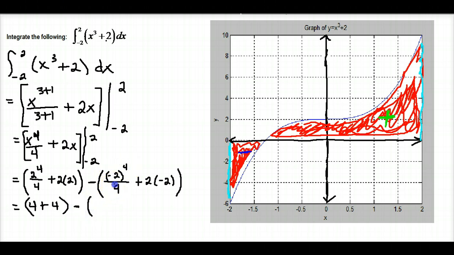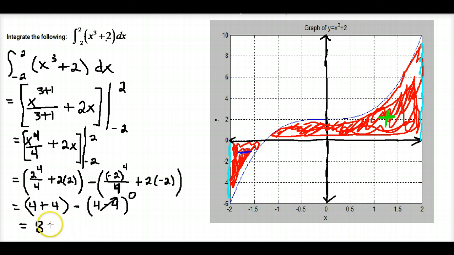Minus, here this is a 4. So we have 16 divided by 4 is 4. And then here we have minus 4. And so of course this part just ends up being 0. So what we have left is 8.